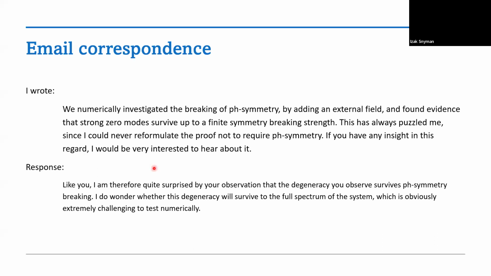But as far as I know, the ideas about topology in condensed matter systems that go under the name topological states of matter have not got anything to say about these so-called strong zero modes. So who knows? Maybe there are still some topological constructions to be discovered.